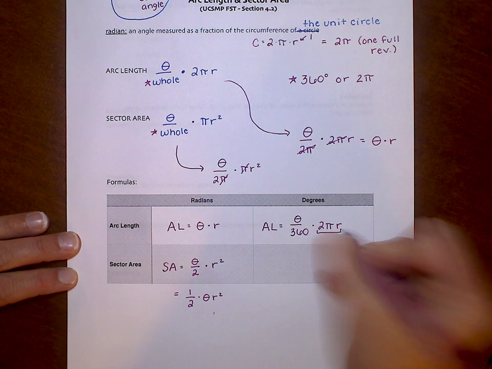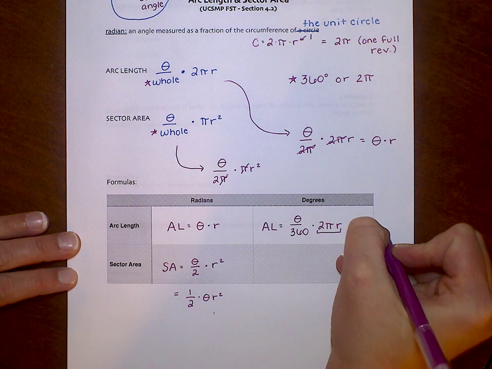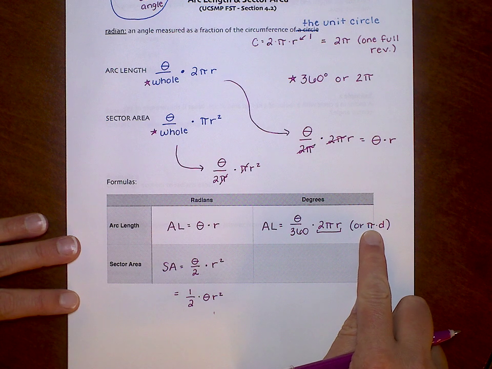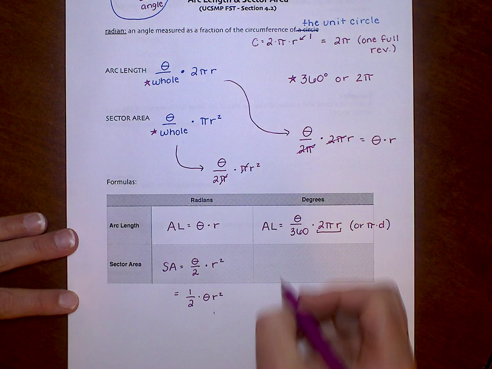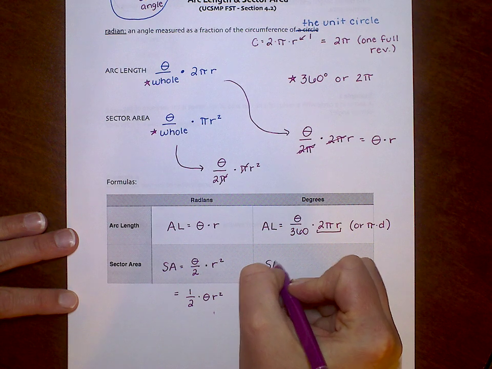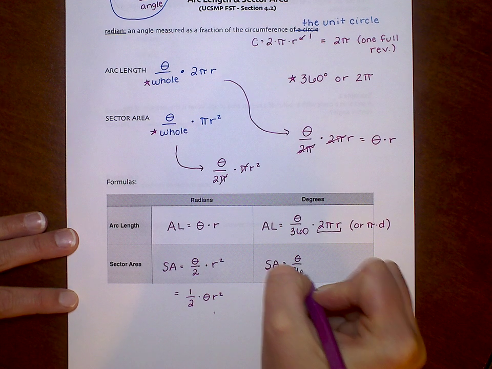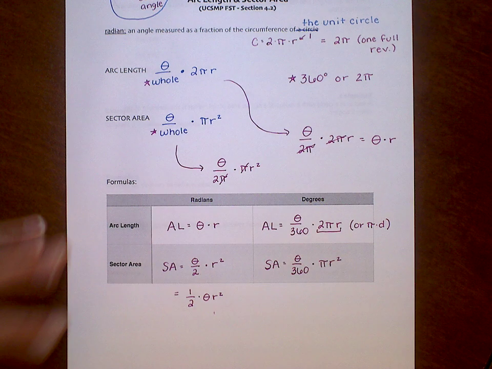This right here, just so you know, 2 pi r is also the same thing as pi times diameter. So if the question provides you a diameter, you could plug that in instead of 2r. So that's a little shortcut you could take. And then sector area, same thing. Theta over 360 times pi r squared.